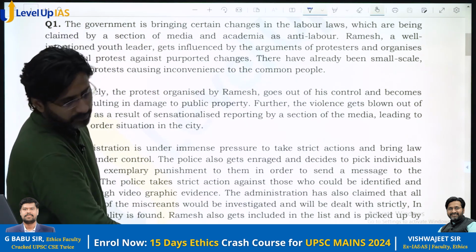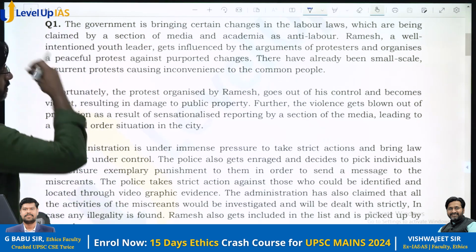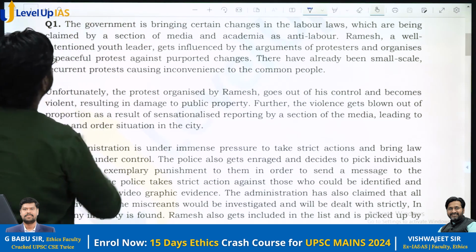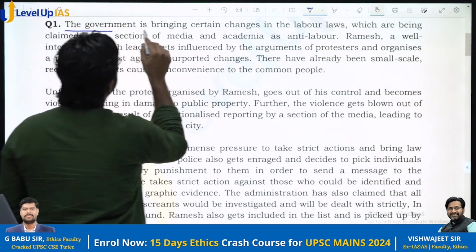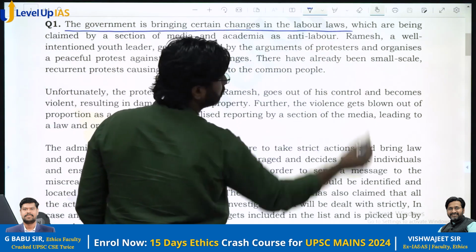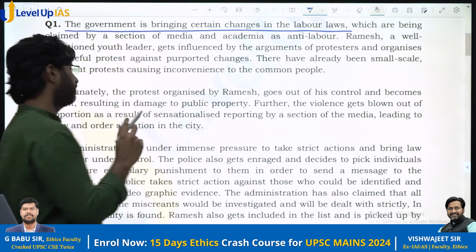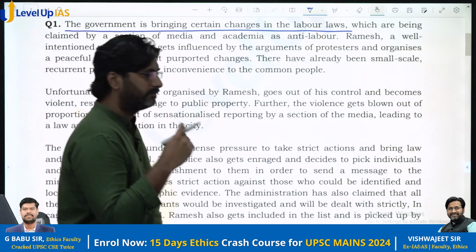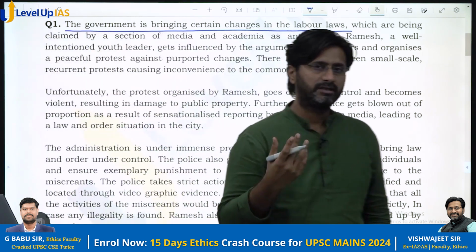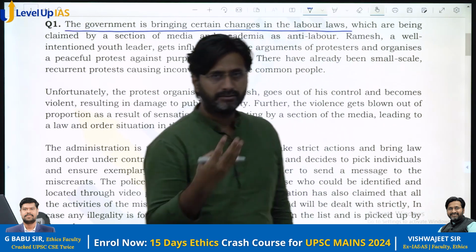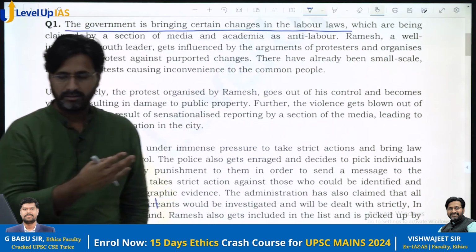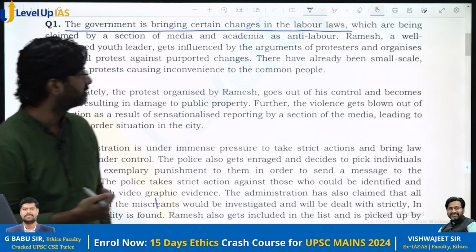So let us go one by one. Number one, the government is bringing certain changes in the labor laws. Let's understand the case. You know the modus operandi. We have discussed in our case study lectures that you have to read at least 3 times. First, read with a very fast glance.